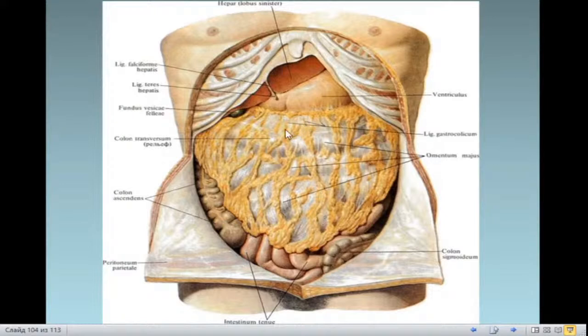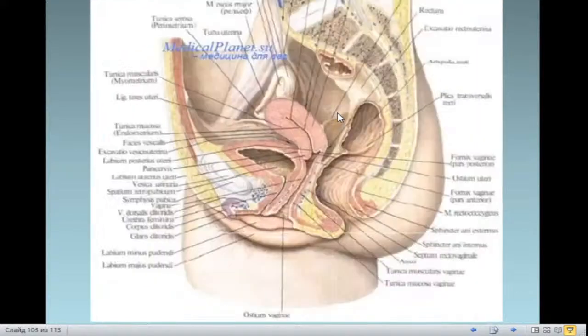Here is the greater omentum, how it looks from the front. And this is the female sagittal section with the posterior pouch or Douglas space and the anterior pouch or vesico-uterine pouch. This has a great diagnostic meaning.